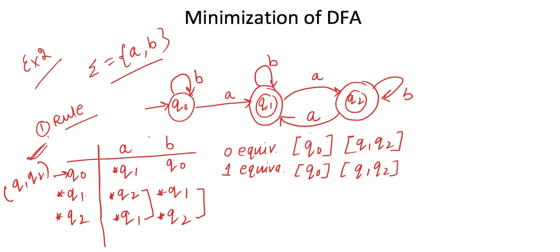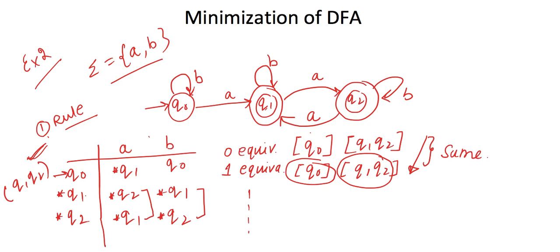There is no need of separation. Now both equivalences are the same, so there is no need for finding two equivalence or three equivalence and more. So we have found that there will be two states in the final DFA.